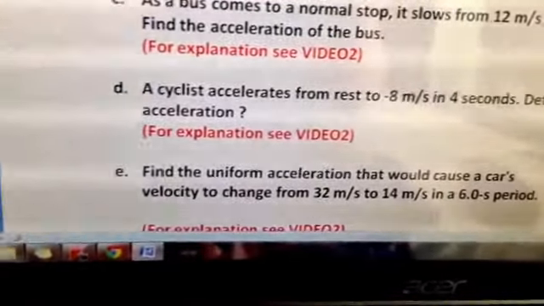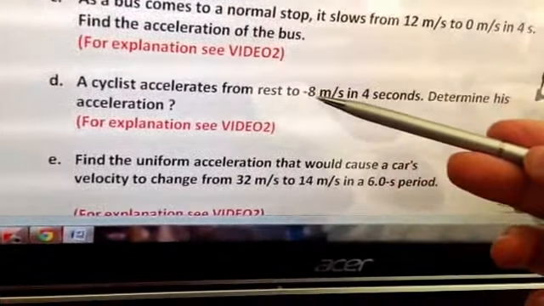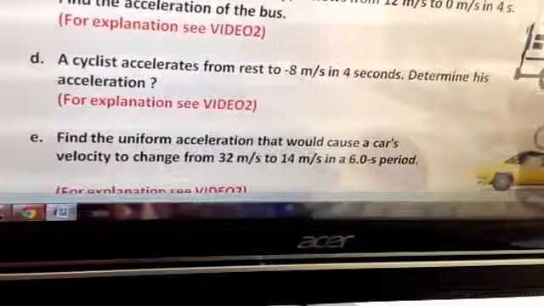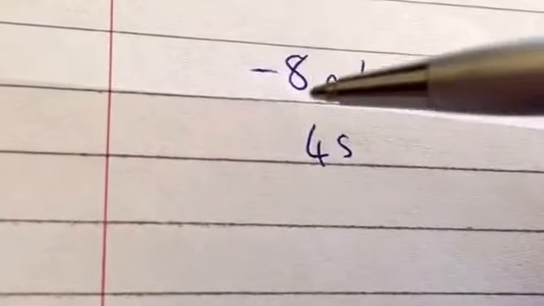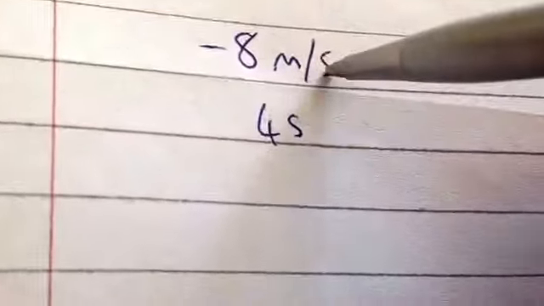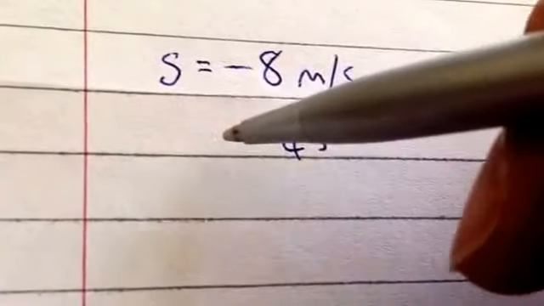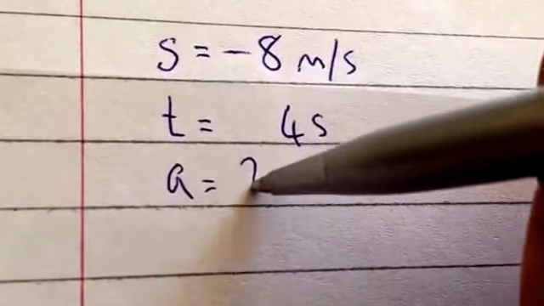Let's have a look at question part D. A cyclist accelerates from rest to minus 8 in 4 seconds. Determine his acceleration. They've given us two numbers, minus 8 meters per second and 4 seconds. Meters per second, again, we know is an S, speed. 4 seconds we know is a time. And we need to find acceleration.